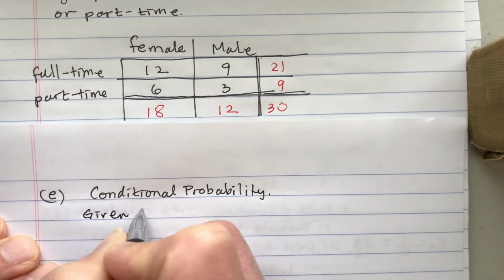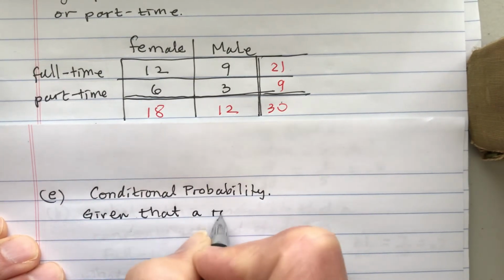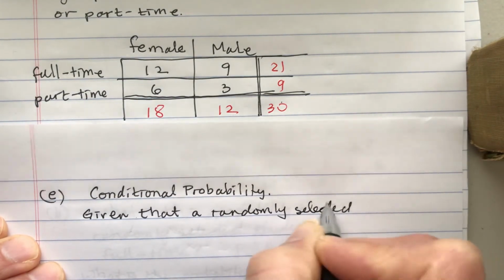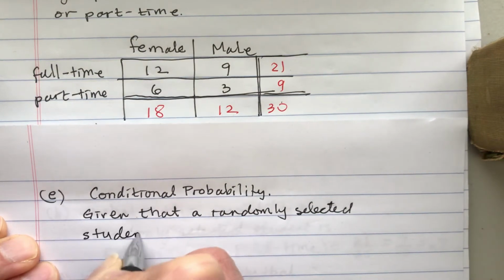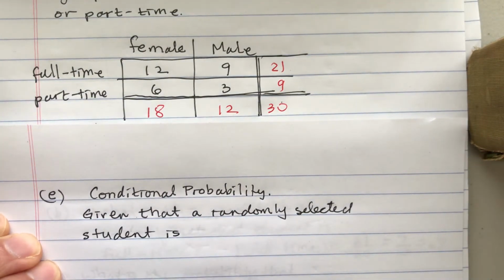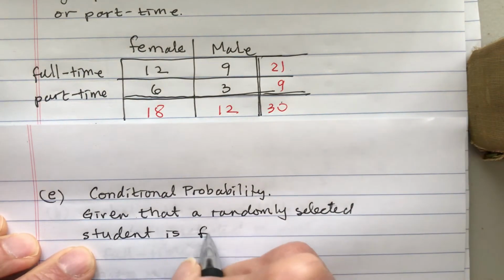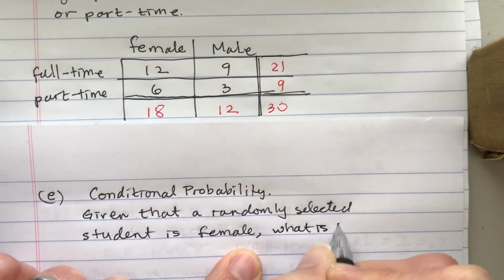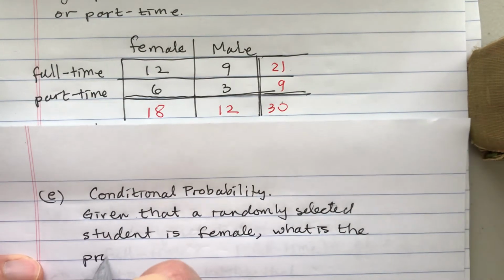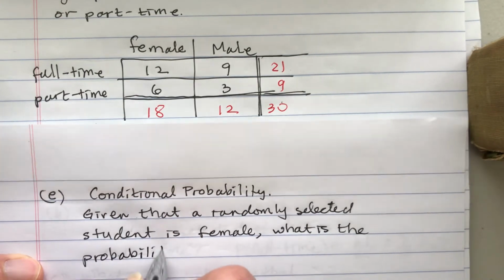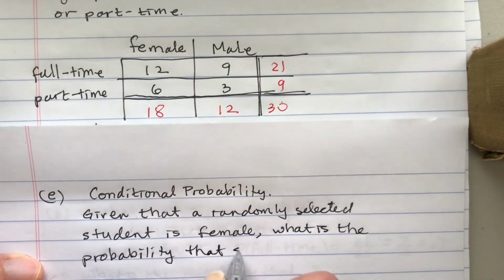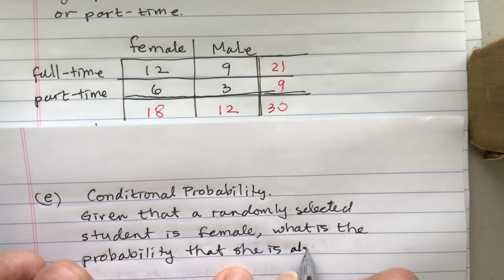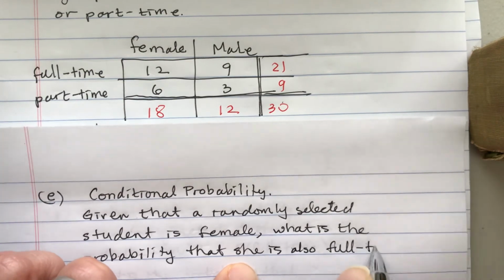Given that a randomly selected student is female, what is the probability that she is also full-time, meaning a full-time student?